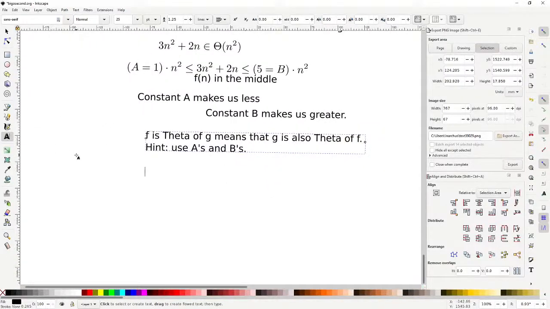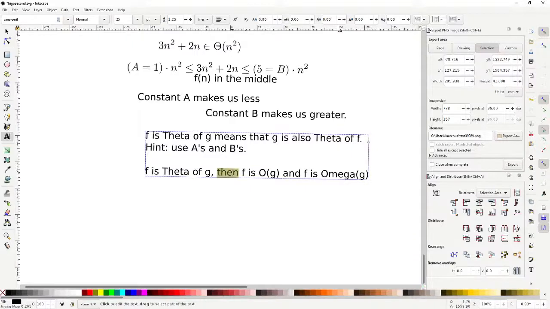The other thing is that if f is theta of g, then f is big O of g, and f is omega of g. Okay, so those are the other true statements. And is this an if and only if? Yes.